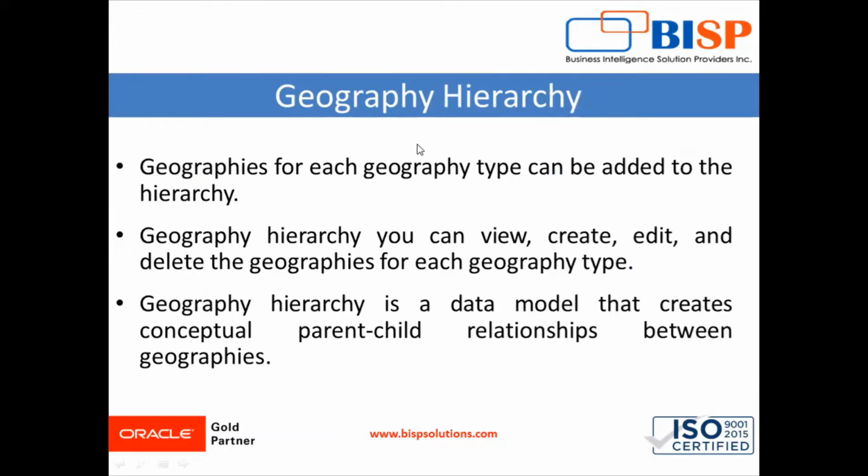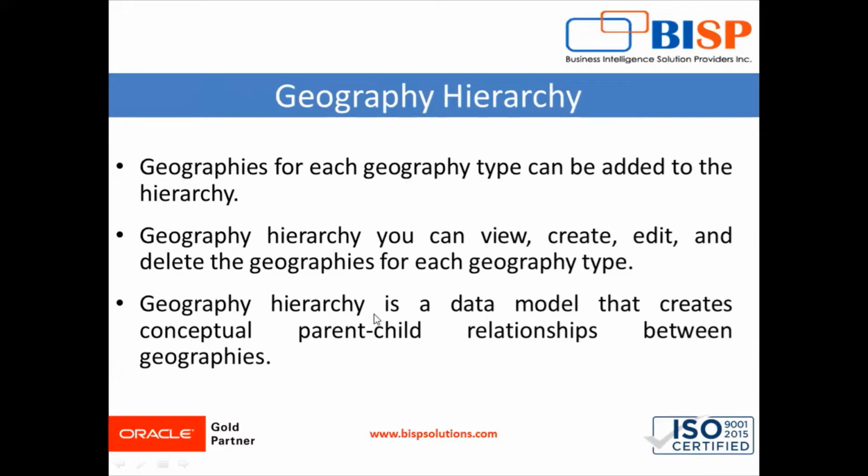Next is geography hierarchy. Once the geography structure is defined, the geographies for each geography type can be added to the hierarchy. For example, in the hierarchy of United States, you can create a geography called Texas using a state geography type. As part of managing geography hierarchy, you can view, create, edit, and delete geography for each geography type in the country structure.